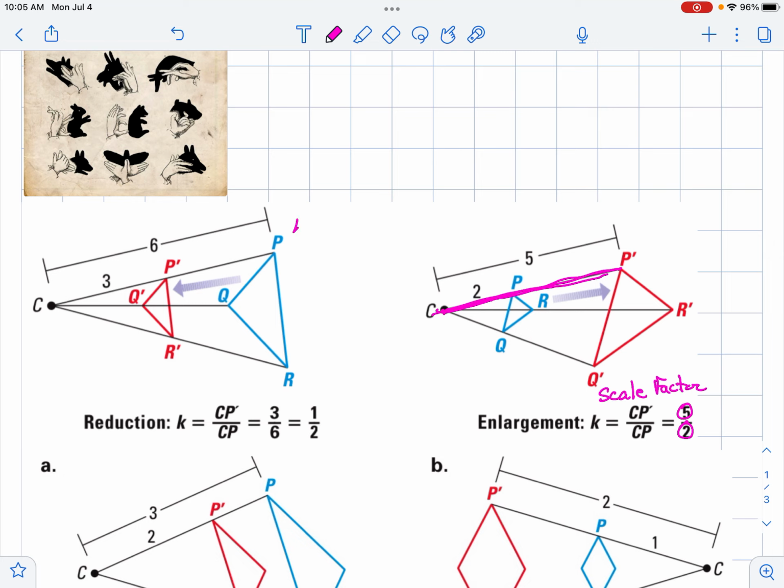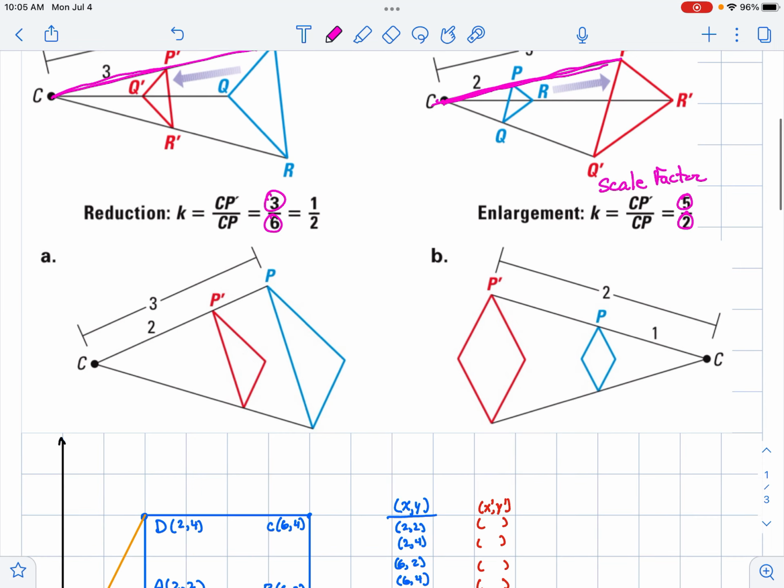Look at this one here. We're always going to take the new distance, the distance from the center to the image, and here it's 3. The old distance was 6, so we get 1/2. Now we've got a scale factor of 1/2. That means our image is smaller than our pre-image. But that's how we find the scale factor.